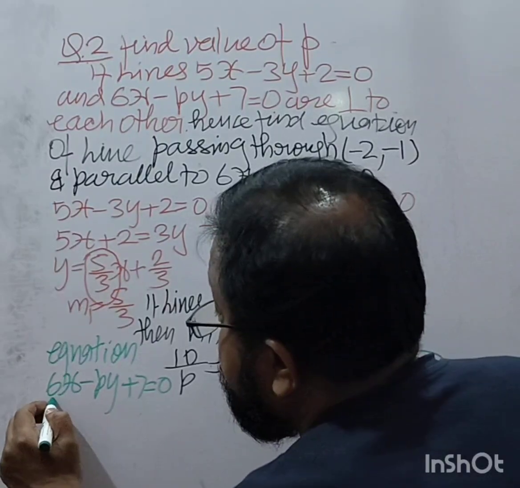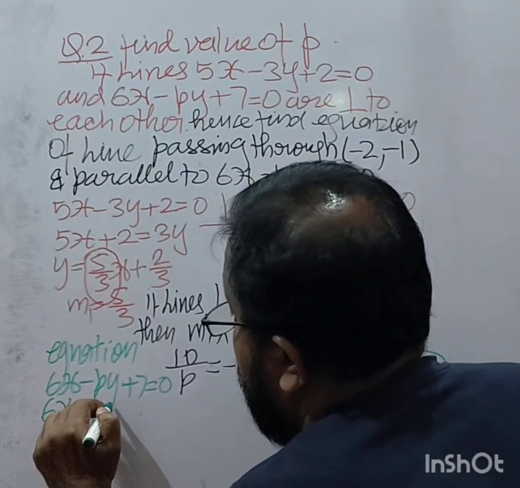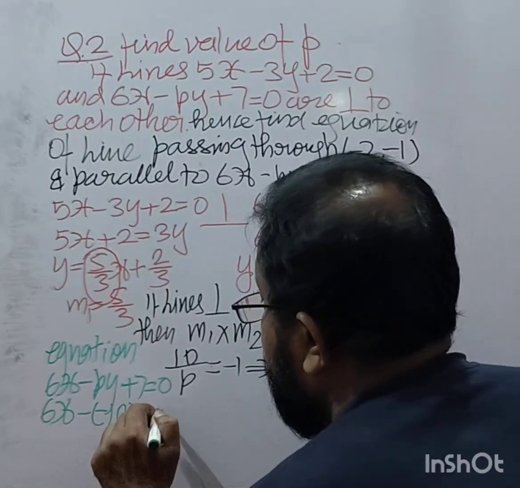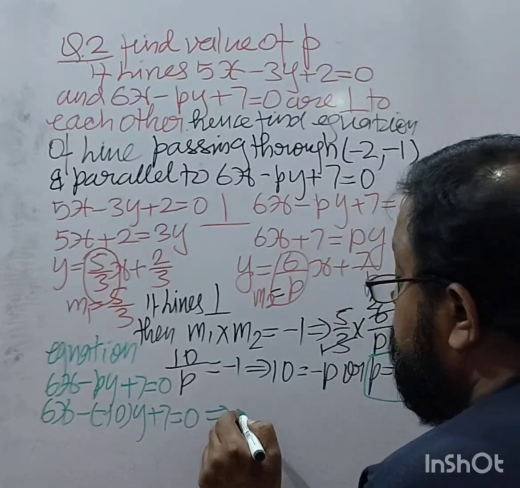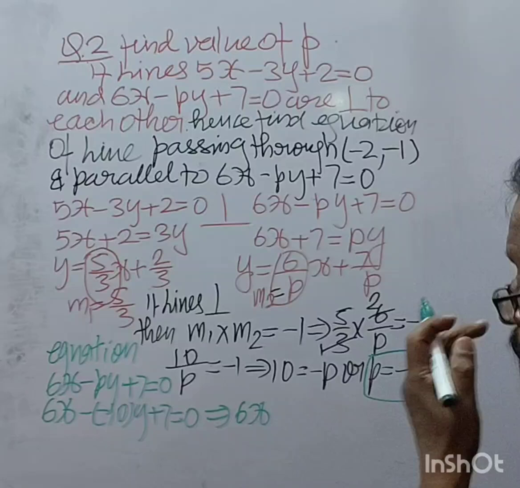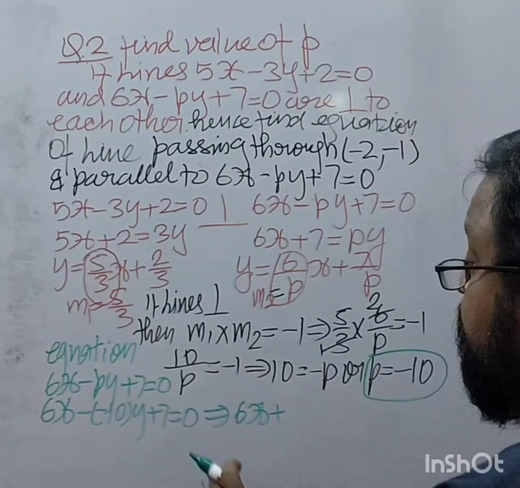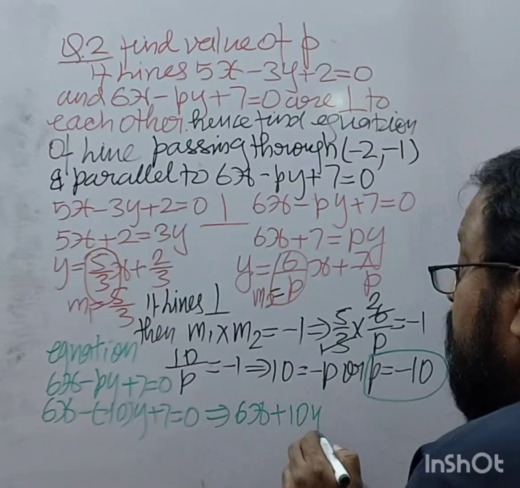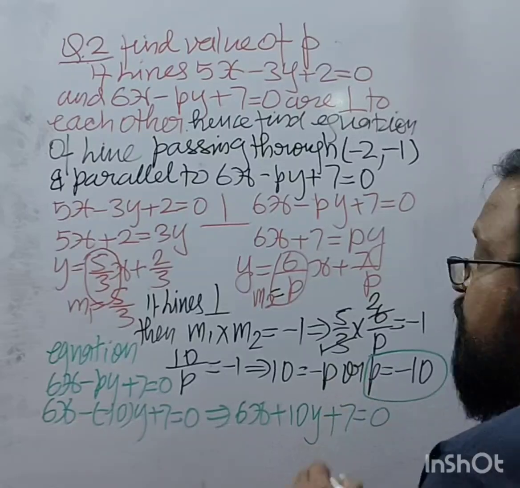So we will write here 6x minus 10y plus 7 is equal to 0. So we can write 6x plus 10y plus 7 is equal to 0.